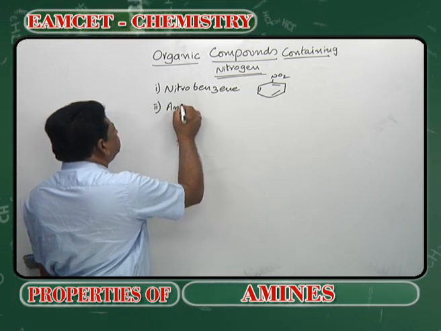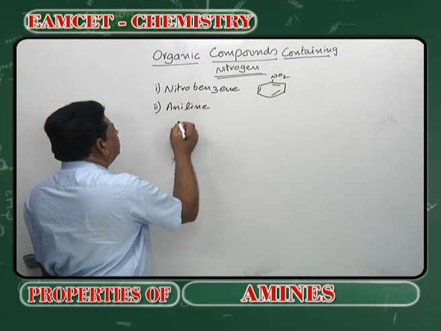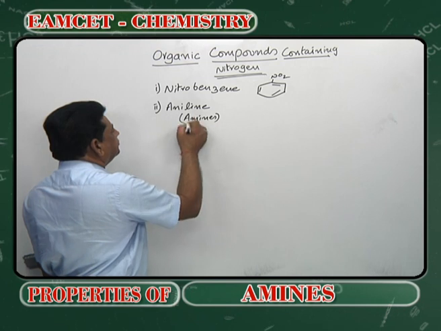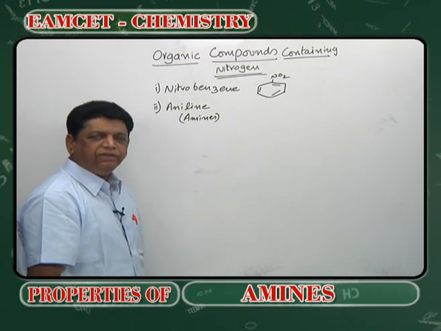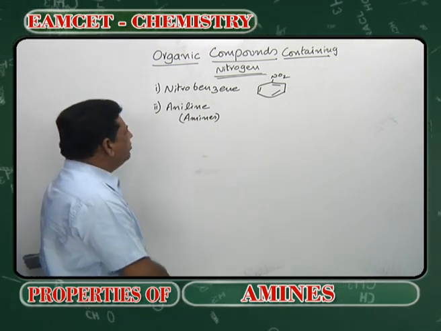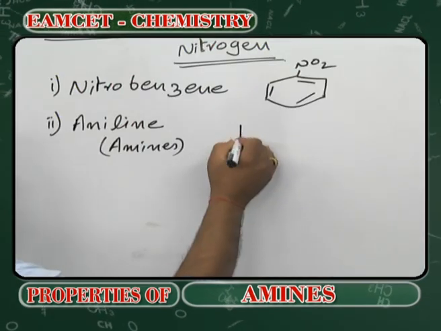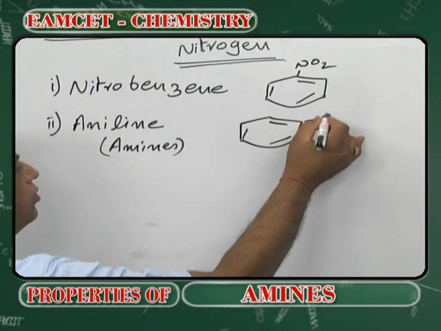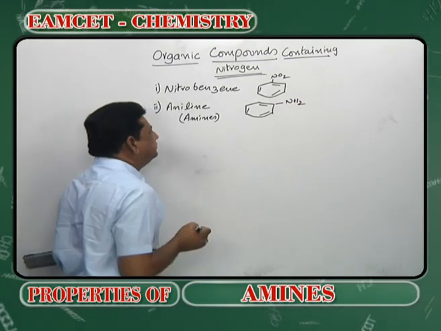Second one is aniline. Under this, actually, amines may be taken, a broad introduction to primary, secondary, tertiary, but the main compound is aniline. Aniline is a benzene once again, containing an NH2 function.